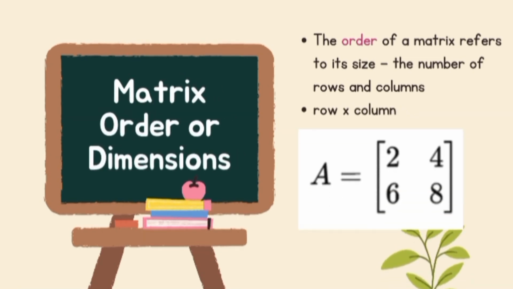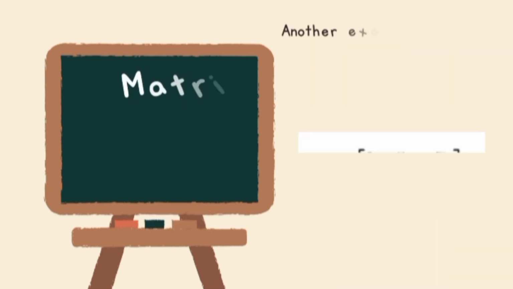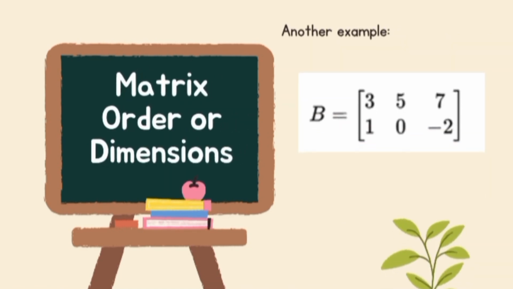So, for matrix A, the order is 2 by 2. Here's another example. Matrix B is equal to 3, 5, 7, 1, 0, negative 2. Matrix B has 2 rows and 3 columns, so the order is 2 by 3.